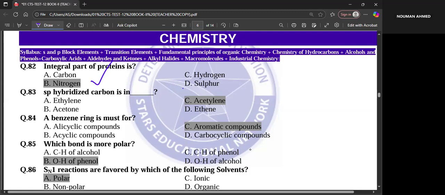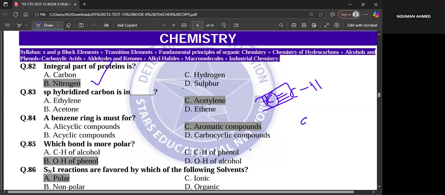Next, sp hybridization, carbon is in sp hybridization. You know what is the formula of acetylene? It is HC triple bond CH. So this carbon is attached with two carbon atoms. I give the trick about the hybridization: for the element you want to find the hybridization of, you can find how many elements it is attached to.